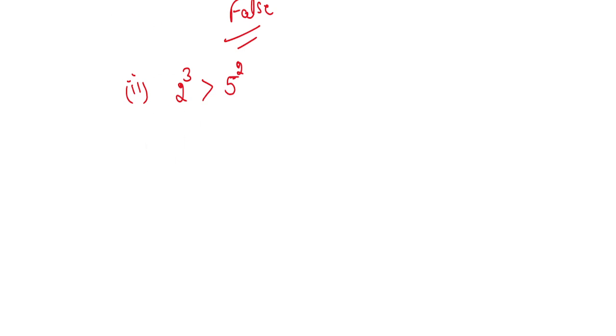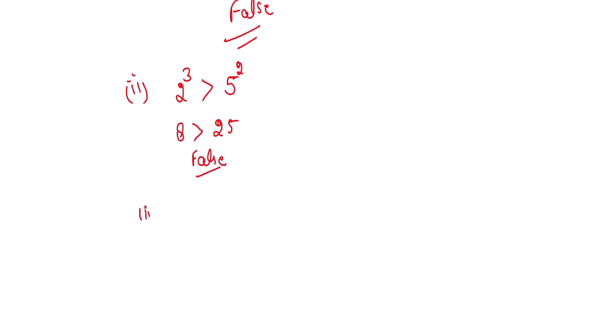What you can do here is 2 raised to the power 3, that is 8. Greater than 5 raised to the power 2, that is 25. So is 8 greater than 25? No, it is not greater than 25, it is less than. So it means it is also false. Okay.